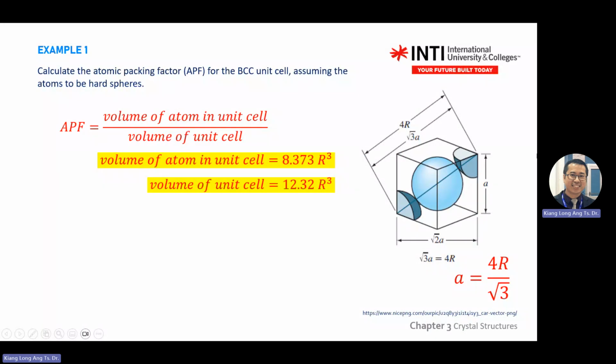Okay, previously we stopped at BCC structure. We gave you a equal to 4R divided by square root of 3.